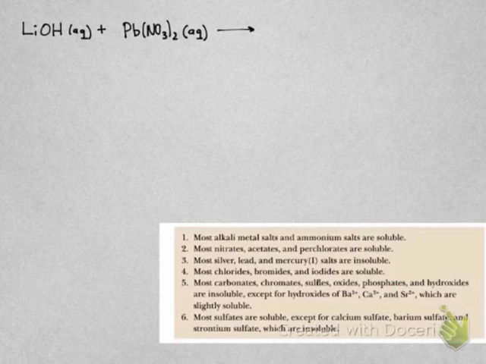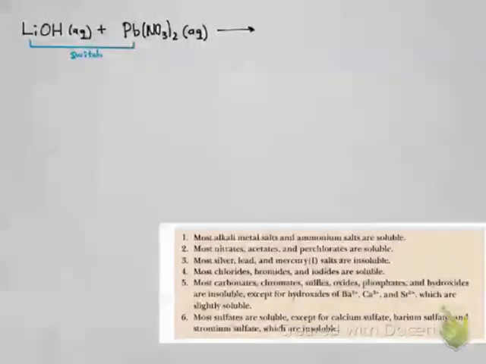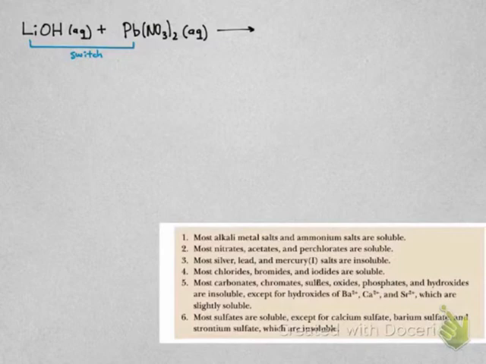When we mix those, we want to know if there might be a precipitate that is formed from these two salts. Remember, the first step is that we switch the partners, so we're going to switch the lithium and lead anion partners.